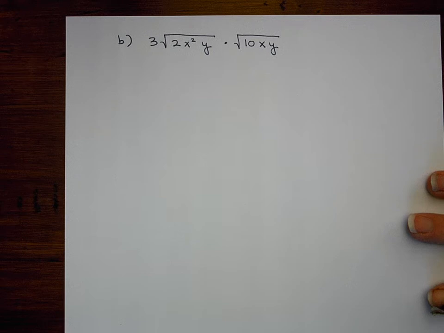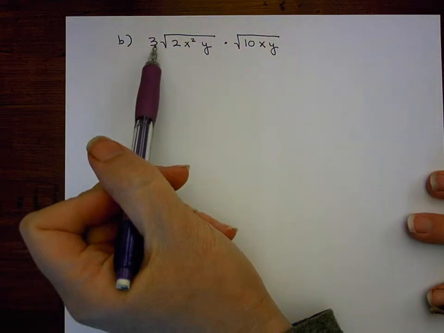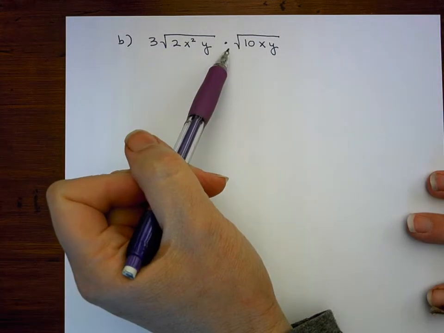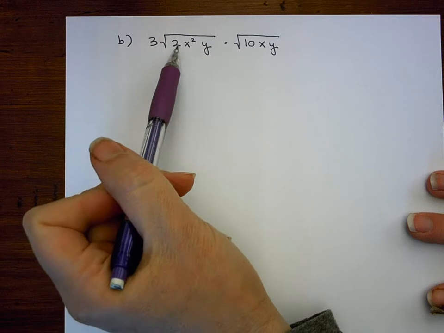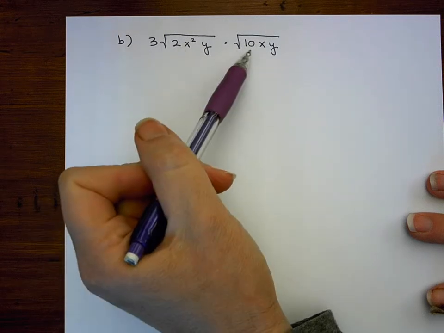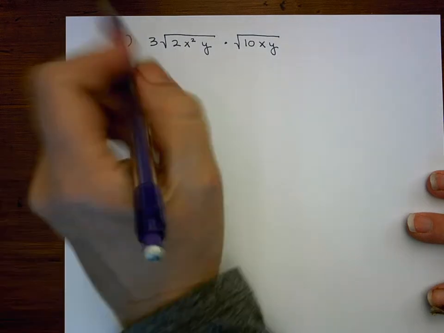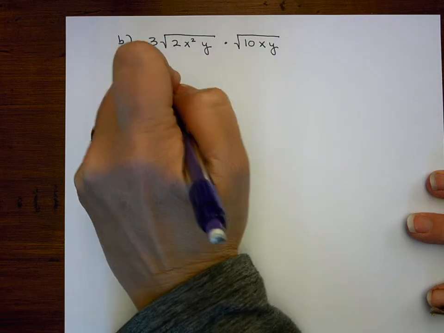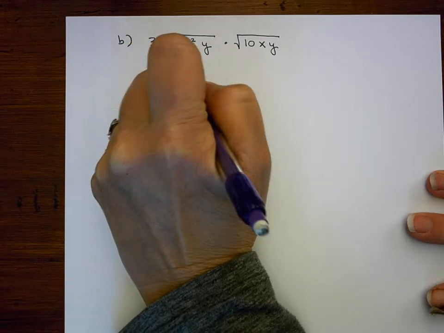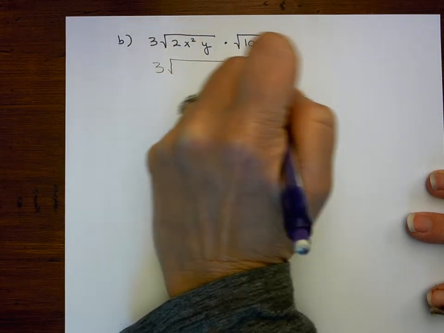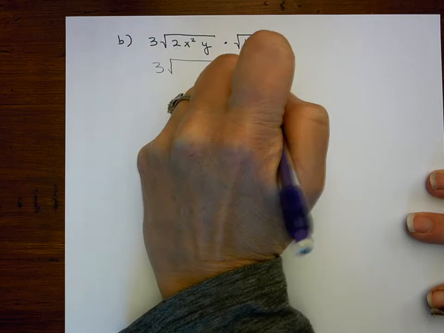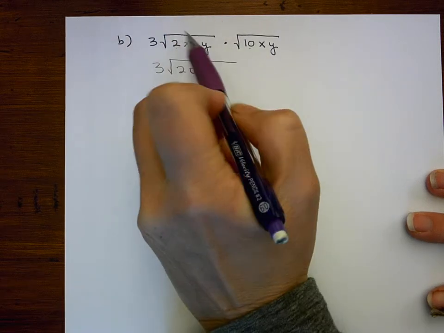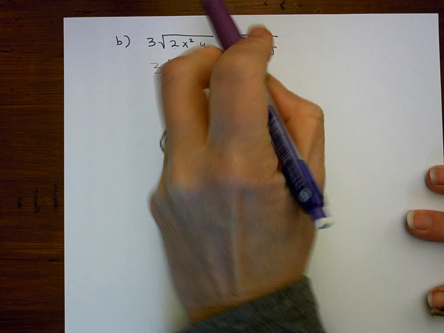So in this case, I have nothing to multiply the 3 with, so that's just going to be a 3. And then I'm not going to try to simplify this because these numbers are small, so I'm just going to multiply together. So the 3 goes with the implied 1, so that's 3. And then everything under the radical gets multiplied together, so 2 times 10 is 20. I have 2 x's and 1 more, so that's x to the 3rd.